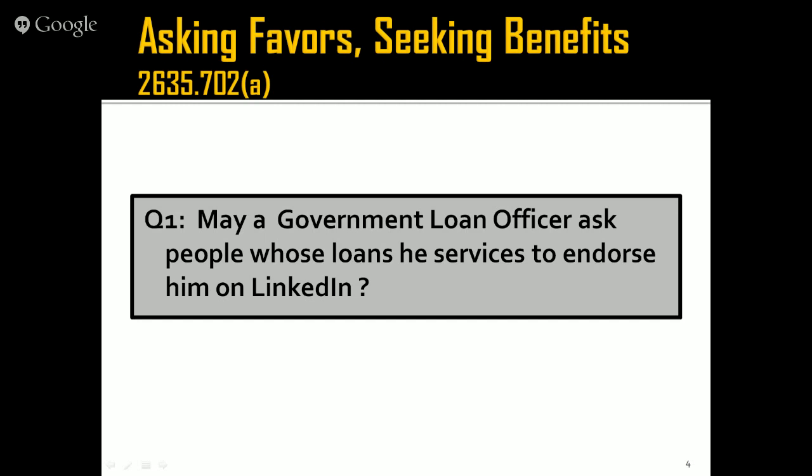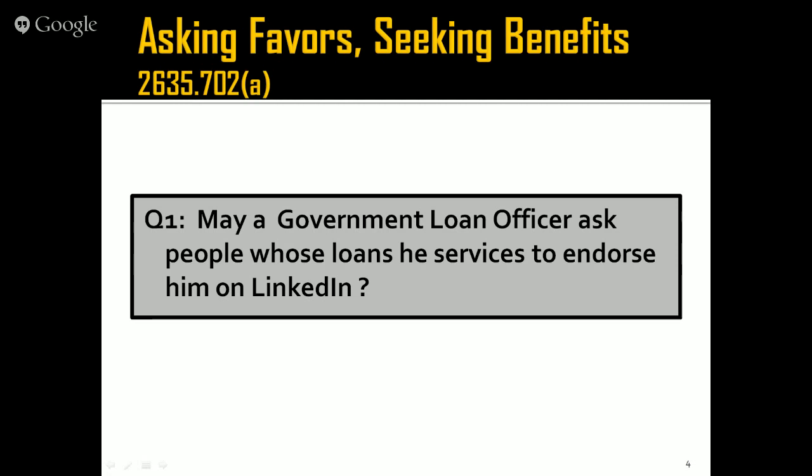Because when we think about an employee using their position in a way that would seek a benefit for themselves or for somebody else from a non-federal source, the very nature of the relationship between the government employee and the non-federal entity may be such that coercion is just implied. Right. So I don't think you have to have these egregious acts of coercion or inducement, somebody strong-arming someone, in order to invoke 702A.